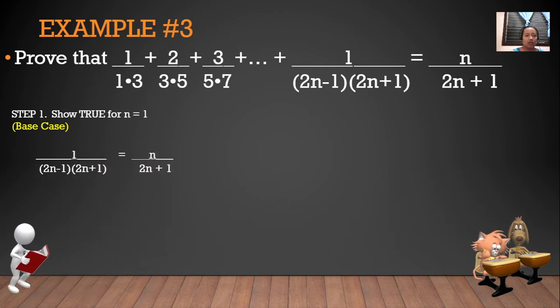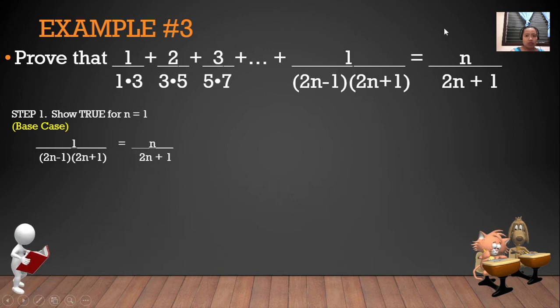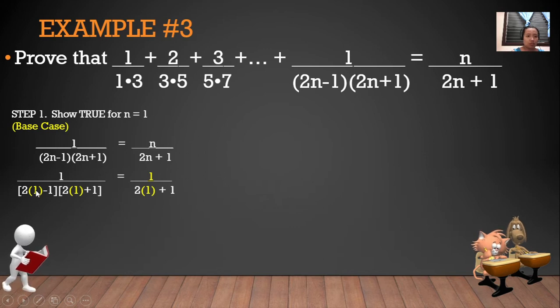Show true for n is equal to 1. Let's substitute this given equation, substitute the n to 1. So all n should be substituted to 1. So to simplify, 2 minus 1 is 1. 2 times 1 is 2 plus 1.